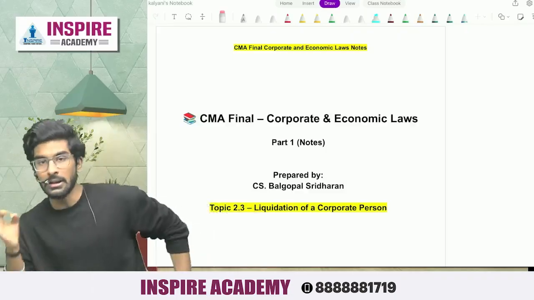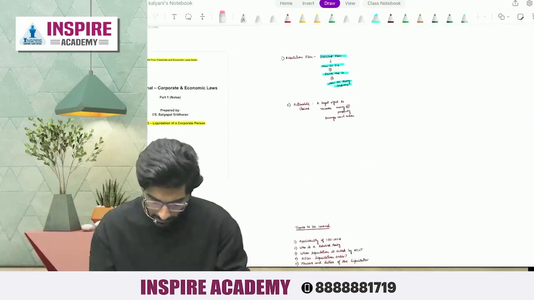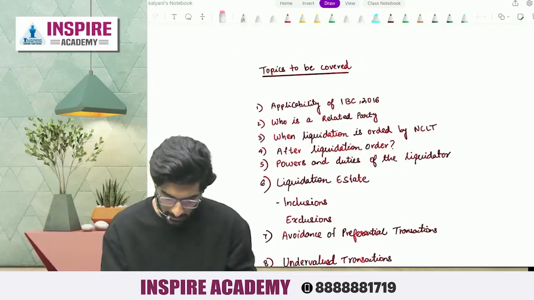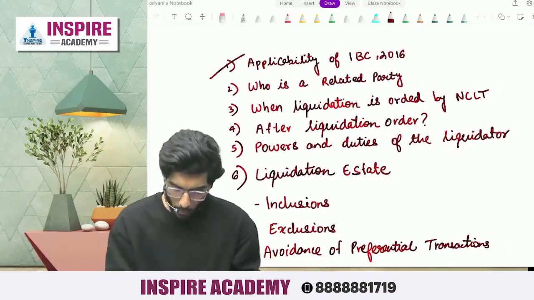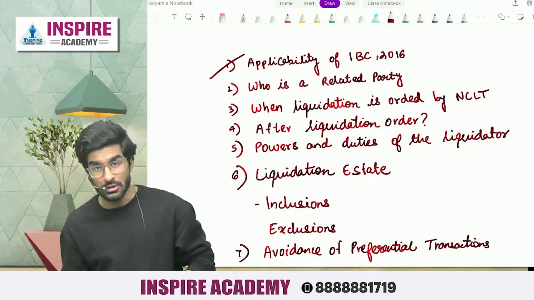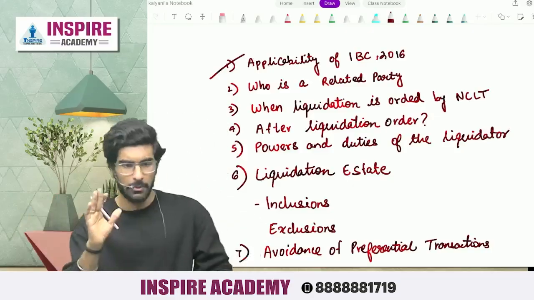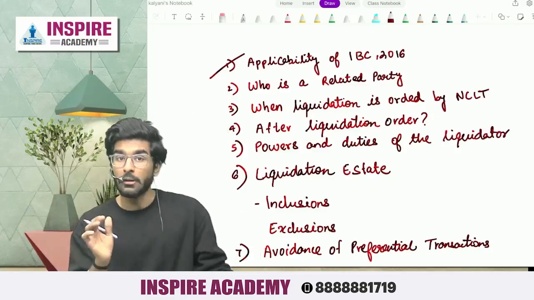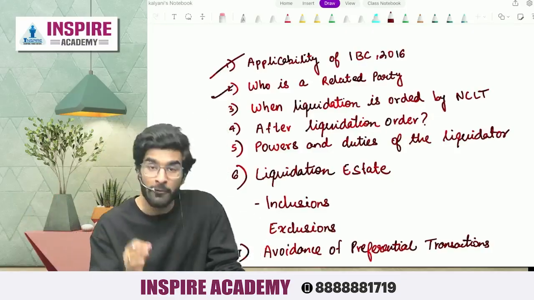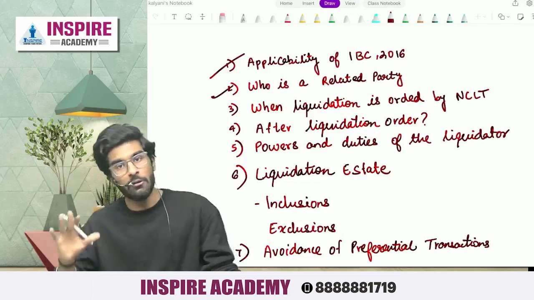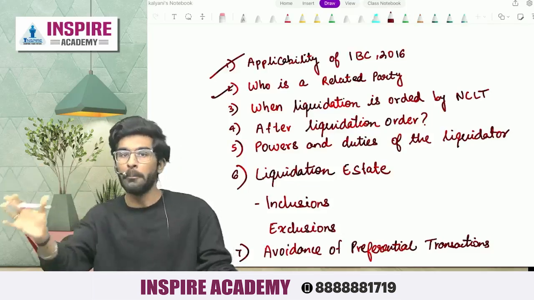So people, under this chapter, how many topics have we completed? Number one, we understood to which entities and persons the Insolvency and Bankruptcy Code 2016 is applicable. Then we understood the definition of related party, which is very different from the Companies Act 2013.